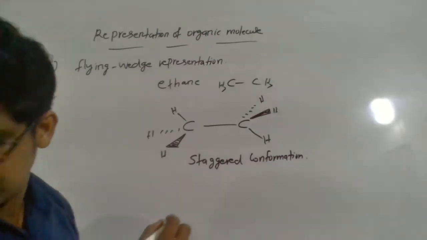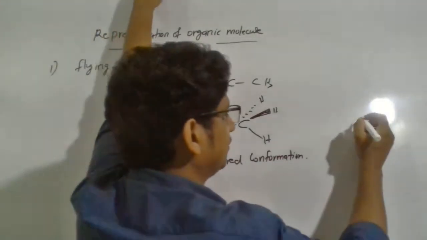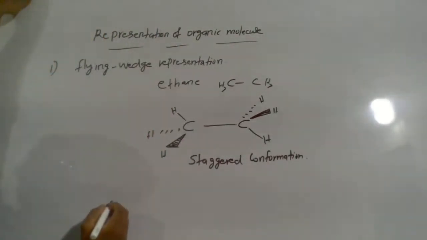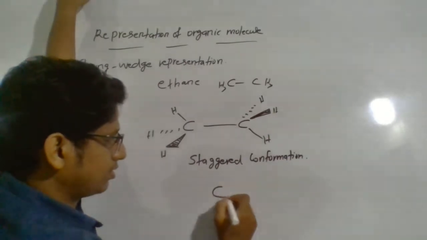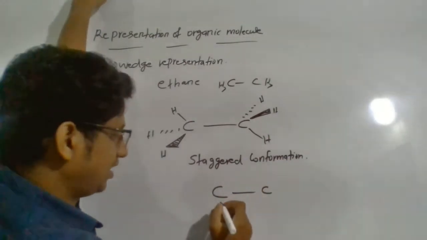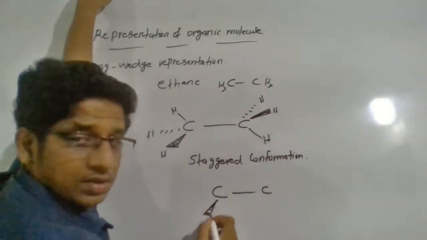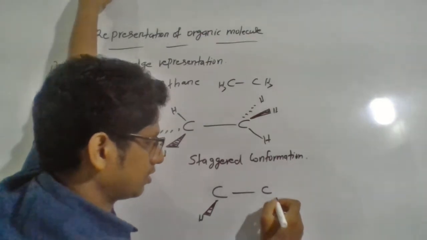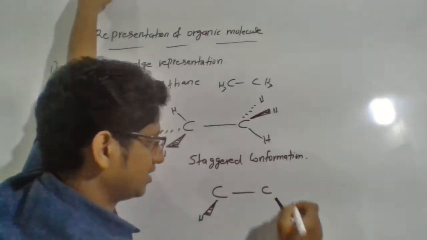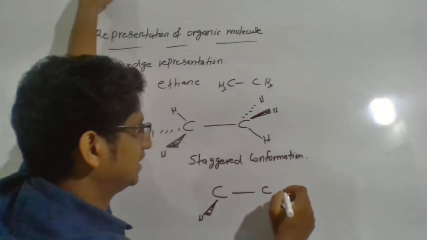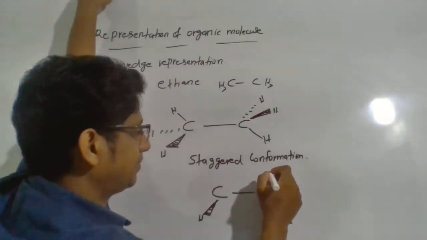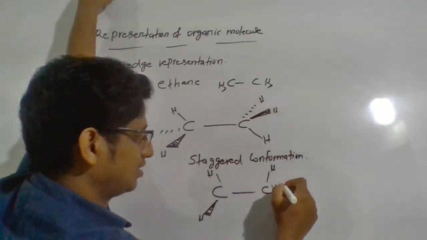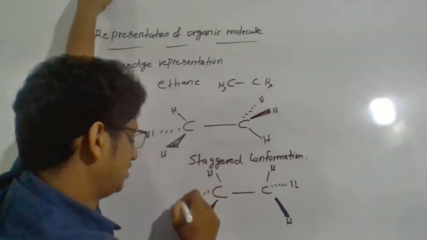Let me draw the other one also, because that will be easier for you to understand. Let me draw a carbon-carbon single bond. This time the thick hydrogen atom here, and similarly a hydrogen atom here, then two hydrogens which are in the plane, and a hydrogen here, and a hydrogen here.